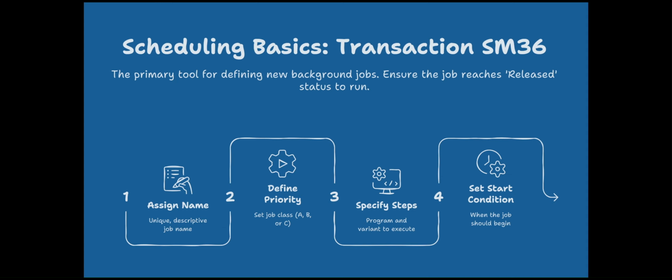For example, if you are defining a background job for SD, it should be like ZSD, something like that. For finance, ZFI; for controlling, ZCO; for MM, ZMM; for plant maintenance, ZPM, or ZEM for enterprise asset management; for PP, ZPP, something like that. You can just follow that.